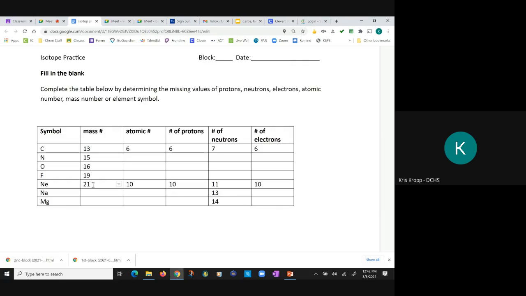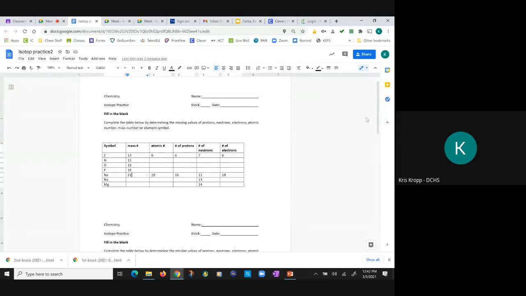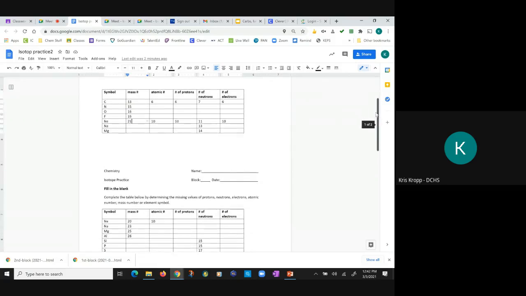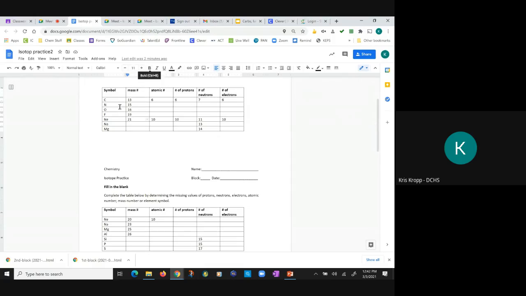Also, the rest of this worksheet is due for tomorrow. So go ahead and fill in your own worksheet. You all should have an electronic copy of it. Make sure you fill this in and pay attention. Okay? Because, for example, when you're going through here, notice neon here and neon here.